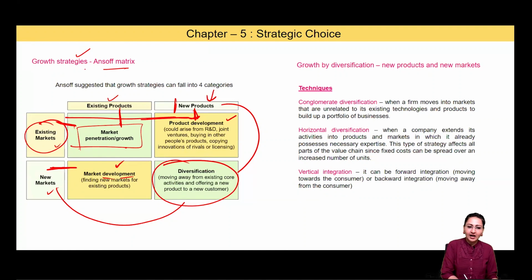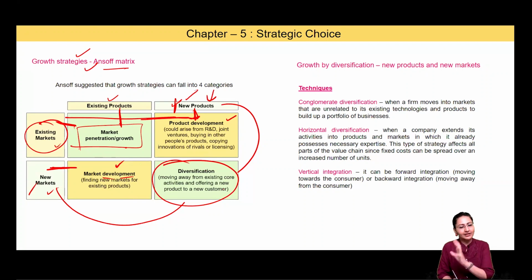Okay, so these are growth strategies. Again, remember this: existing product, new product, then existing market, new market. And remember these boxes. When you have to launch a new product in the existing market, you have to develop the product. When it's a new product in the new market, you have to diversify.